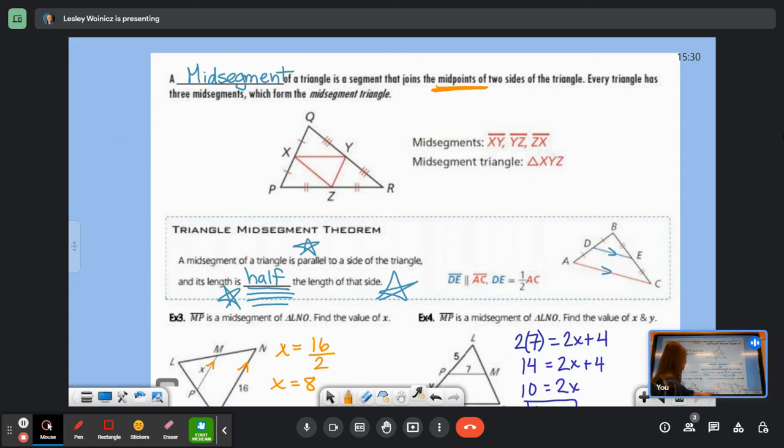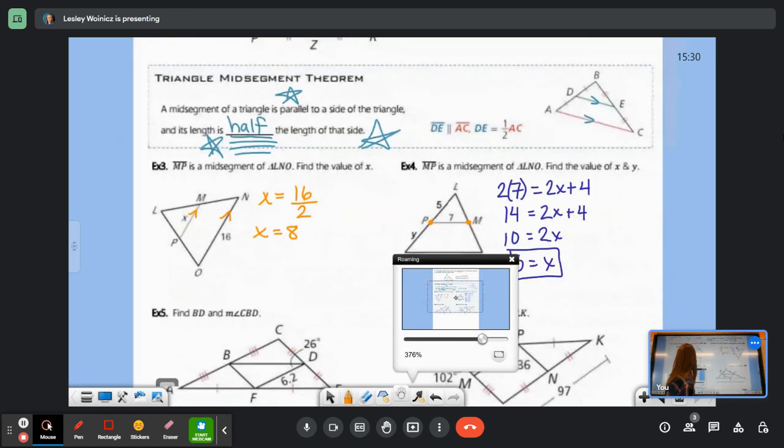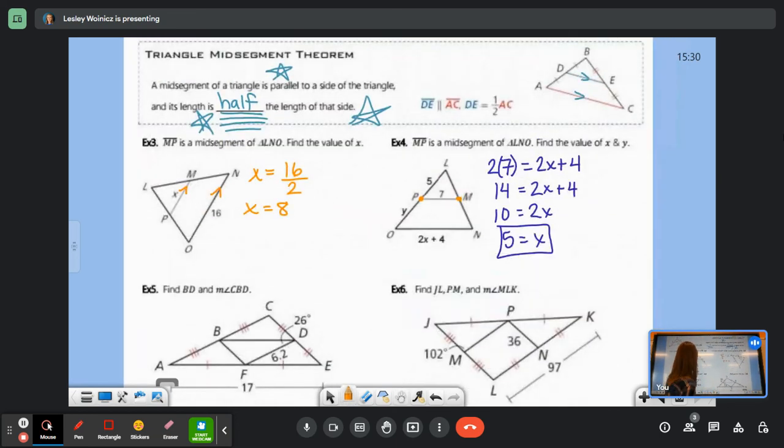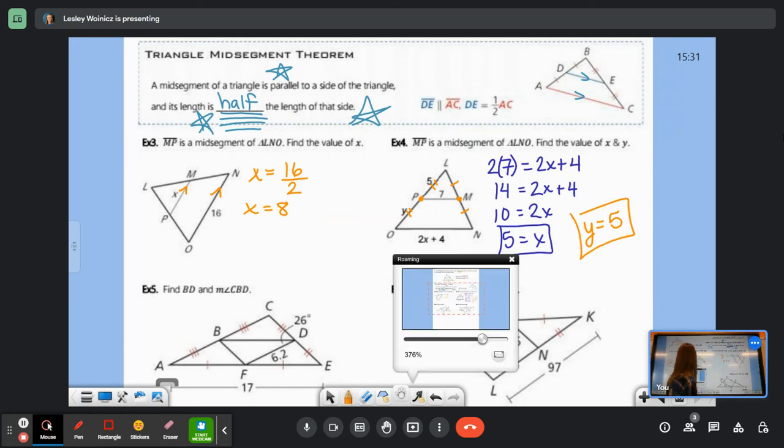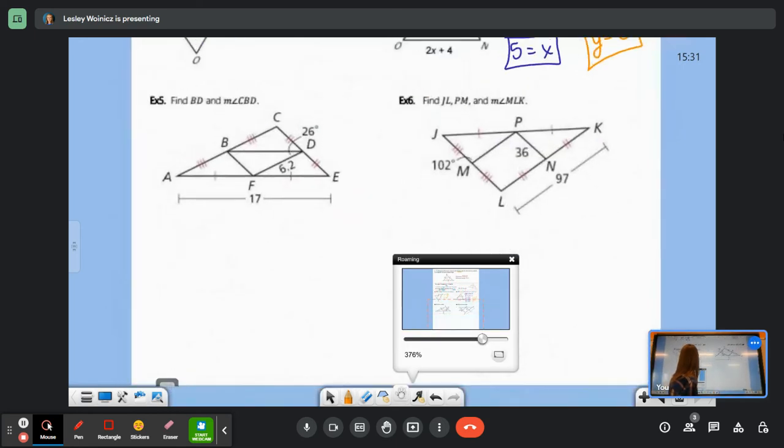So if it's joining midpoints, that means that point P is a midpoint and point M is also a midpoint of the sides of the triangle. So going back down here, we know that these have to be congruent and these are also congruent. So that means that y has to be 5. Ta-da! All right, let's look at 2 more and then we're done.